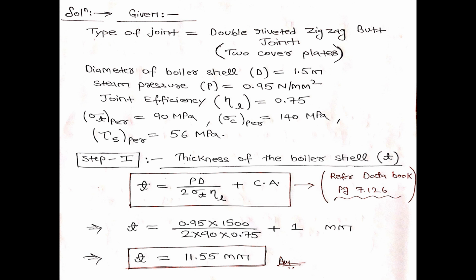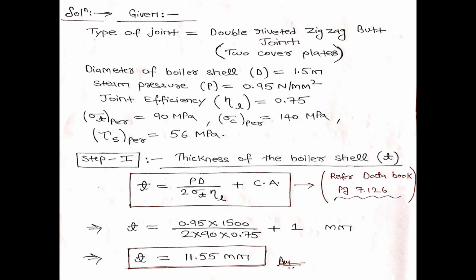It's your choice, but it should be in between 1 to 2 mm. Pressure is given in the problem, internal pressure. Dia of the shell, capital D, is given. Sigma T and eta L are given. Just substitute all these values, you will get the thickness of the boiler shell, that is 11.55 mm. Any doubt in the first step?